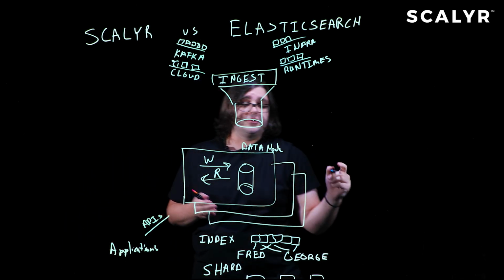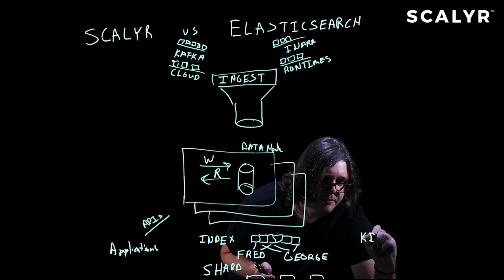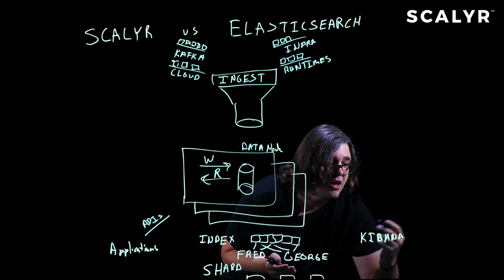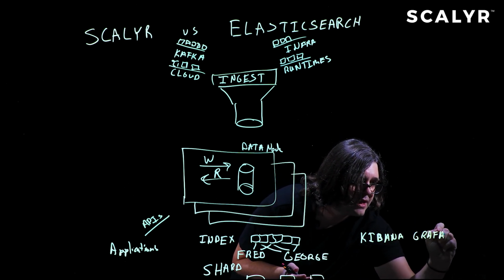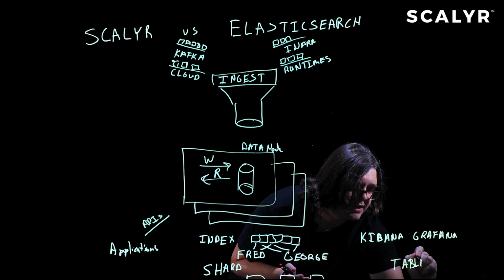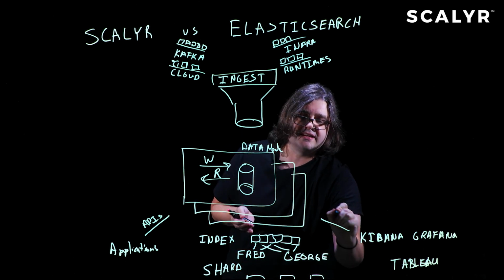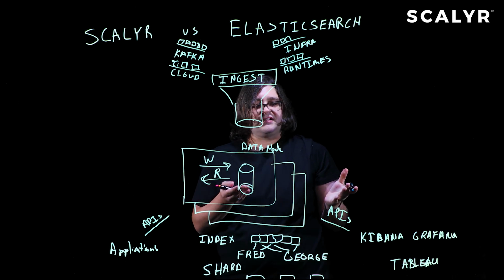On the other side, we also have pre-built applications. In the Elasticsearch world, Kibana is very popular for being able to read data out. We also have Grafana, and Tableau is a very popular one as well. Which one you pick depends a lot on your use case, because these systems all have their limitations in some way.